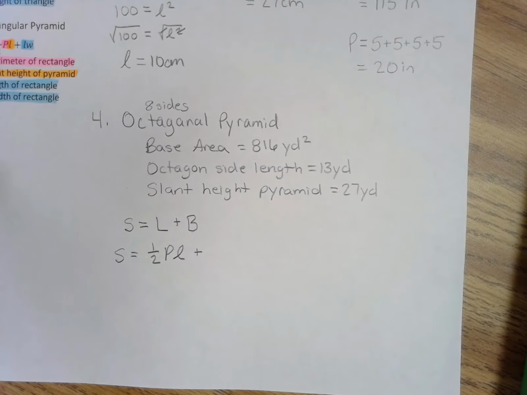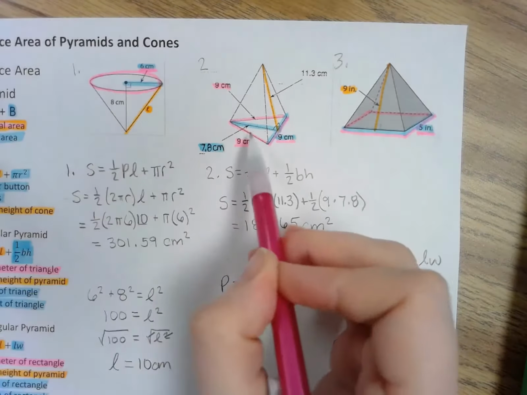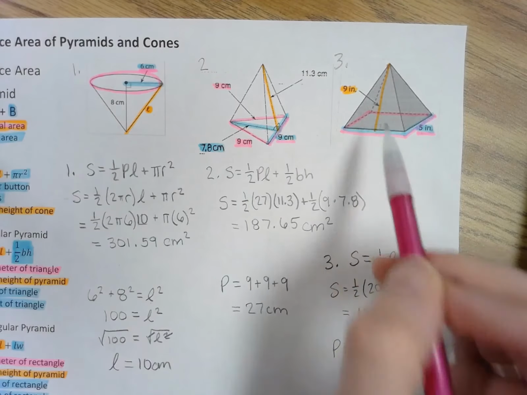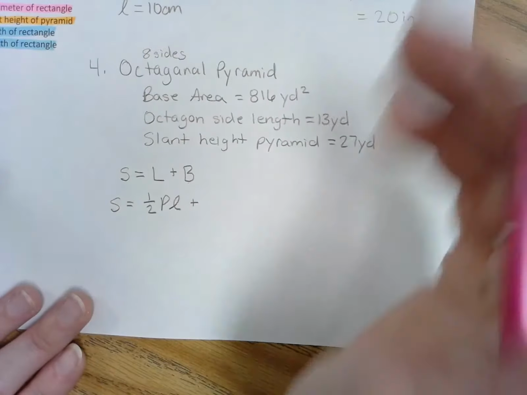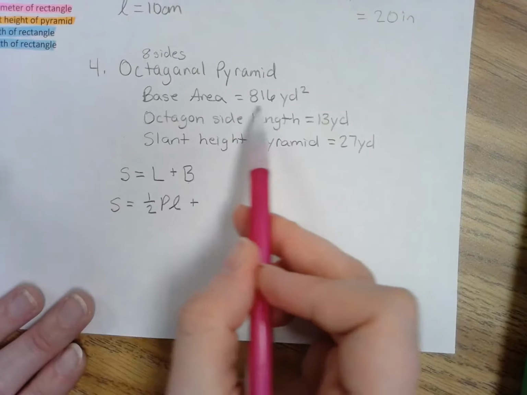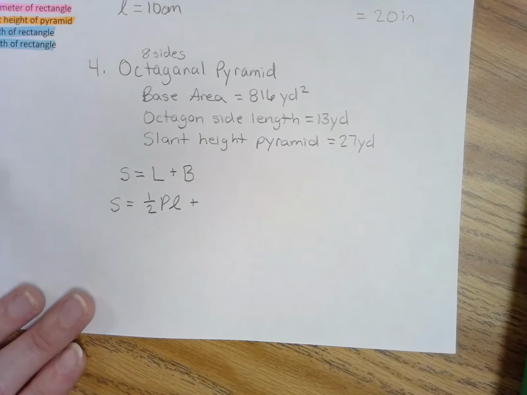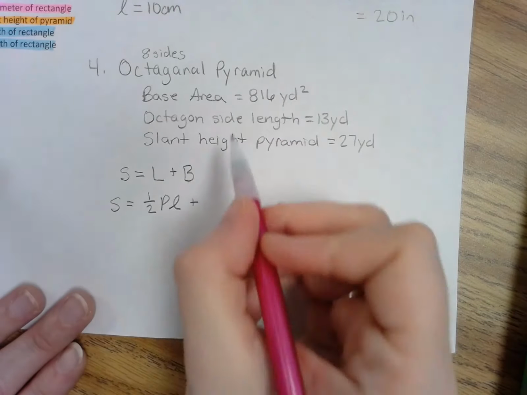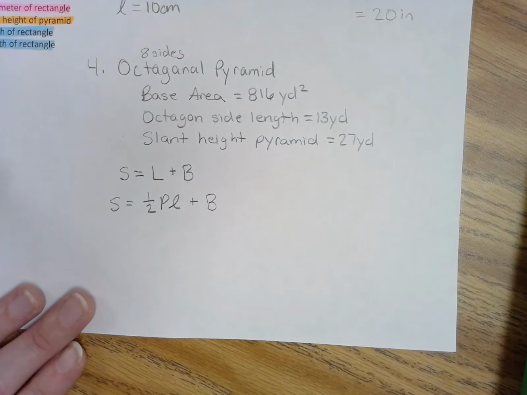I don't know the area formula of an octagon. That's one I would actually have to look up myself. We're only going to hold you responsible for circular, triangular, and rectangular formulas, knowing those. So anything beyond that, we will have to calculate and give you the base area value, because you're not responsible for knowing the formula.